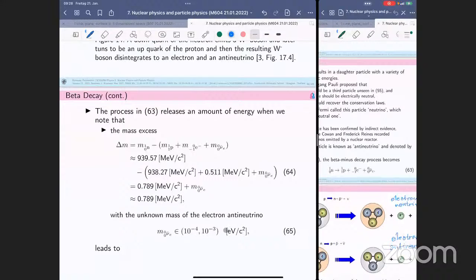It's not 1 eV, it's 1 by 10,000 or 1,000. It's like 1,000 million times less than the mass of the electron.